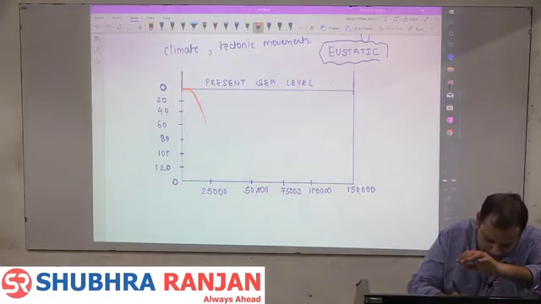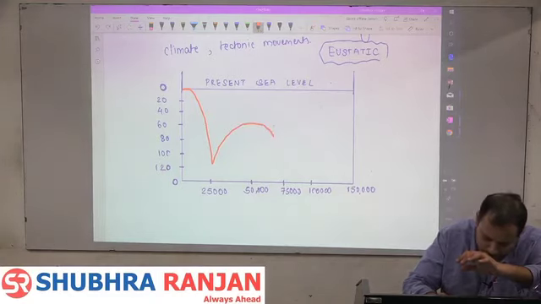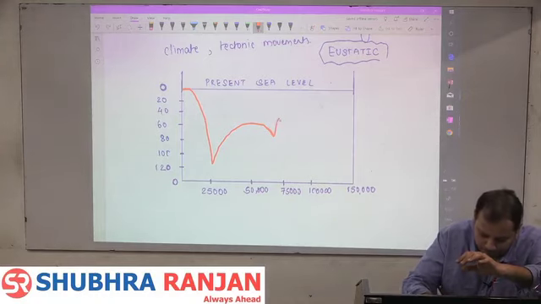And hence every cool period is followed by a warm interglacial period.